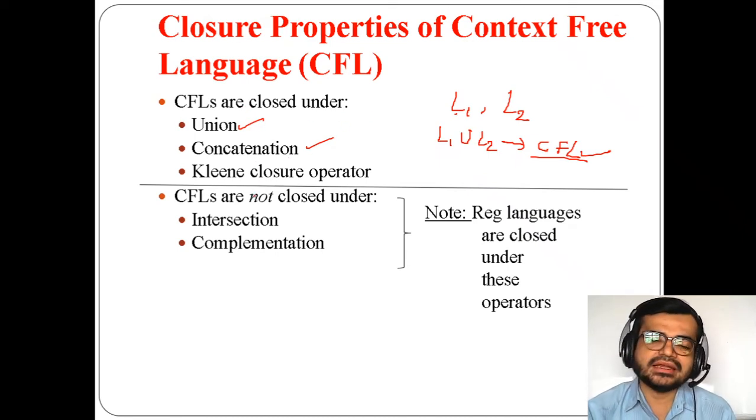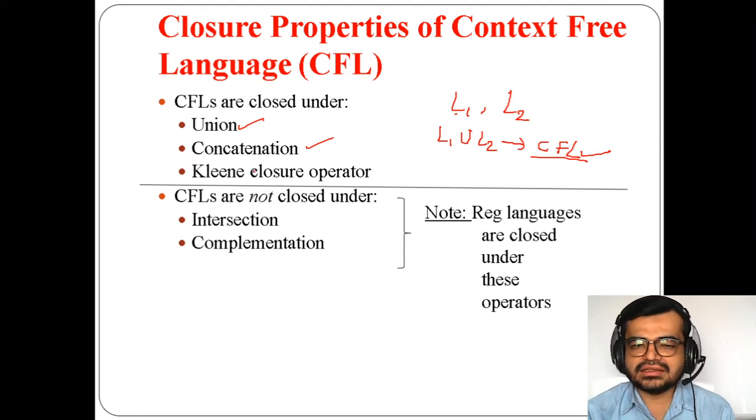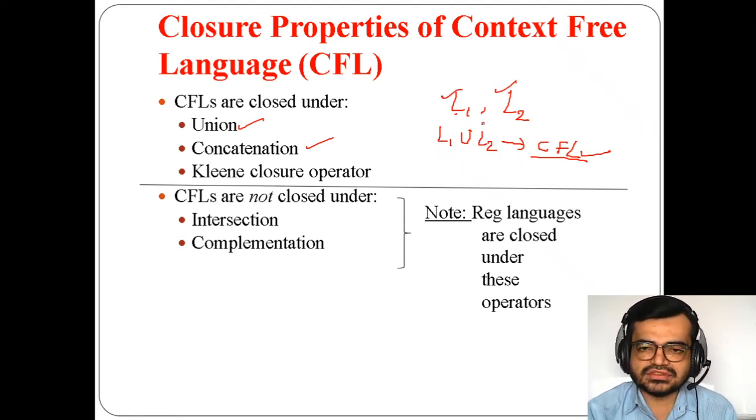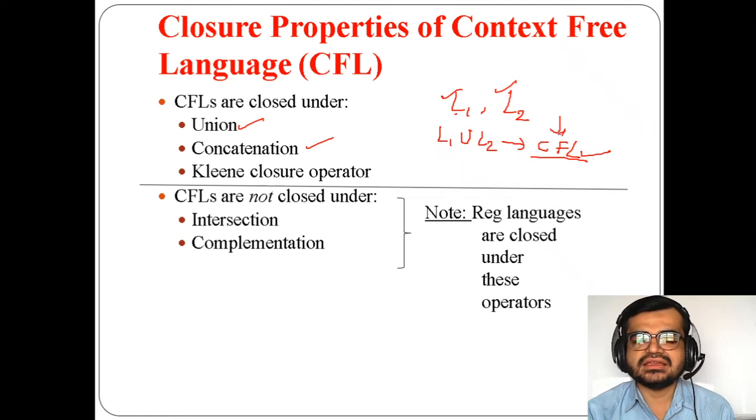Similarly, if I perform concatenation by taking L1 and L2, and I again get a CFL, a context free language, then I can say that context free languages are closed under concatenation.